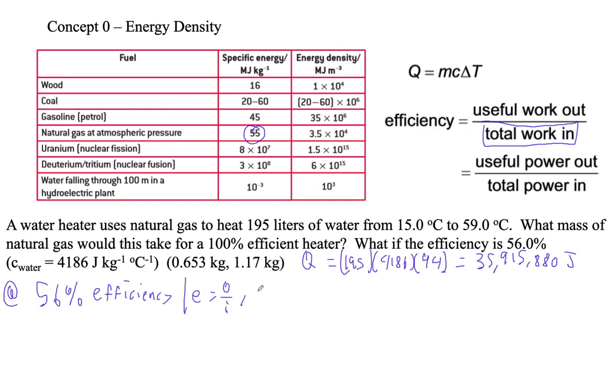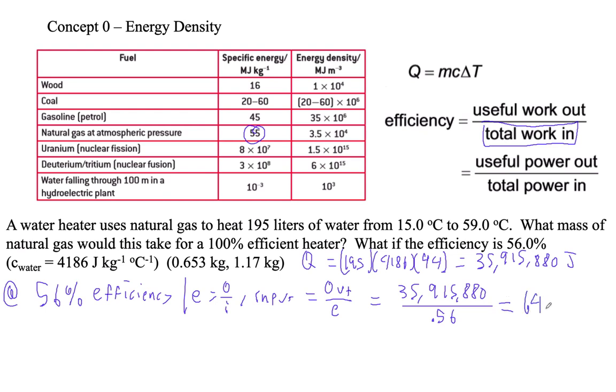Therefore, input is output over the efficiency. So it's going to be 35,915,880 divided by 0.56, and that is about 64 million.